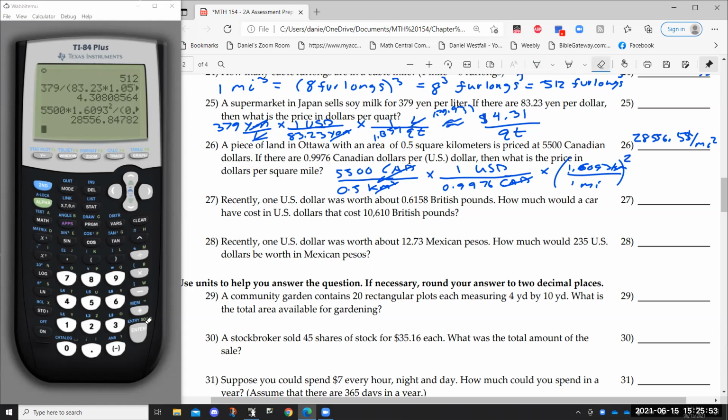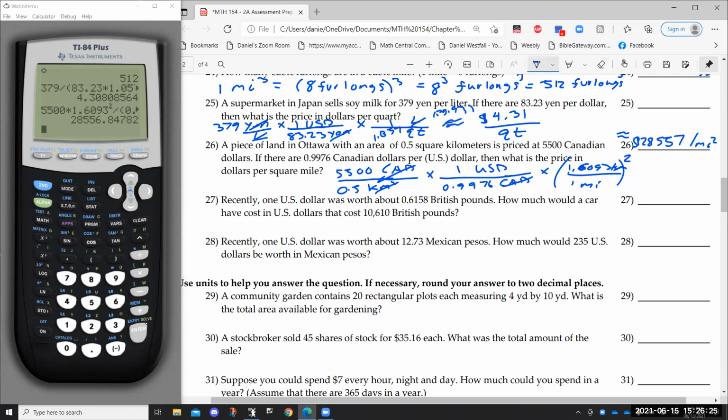So we're probably going to approximate this to be roughly 28,557 US dollars per square mile. All right.